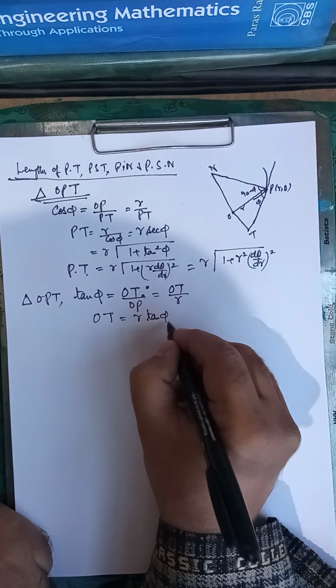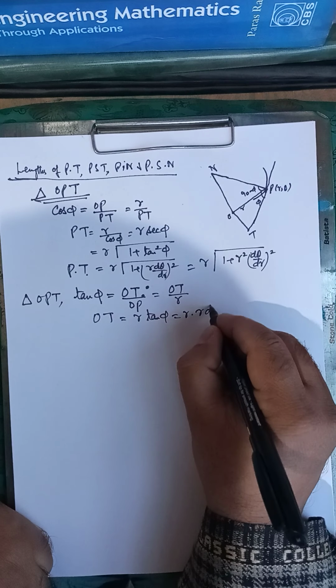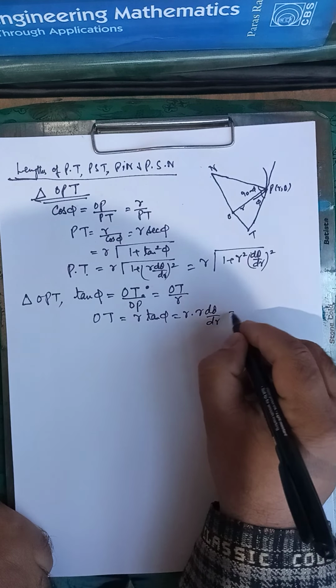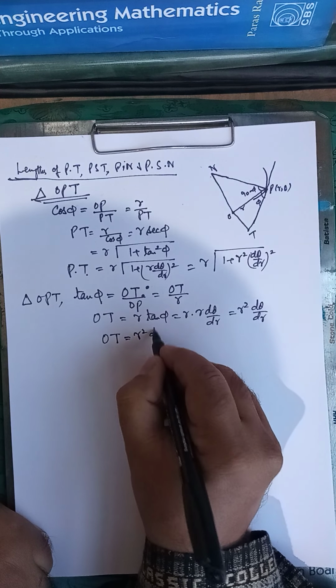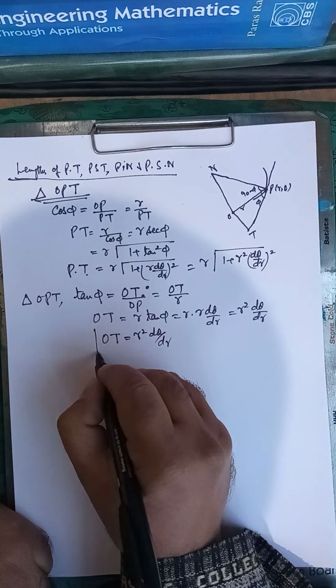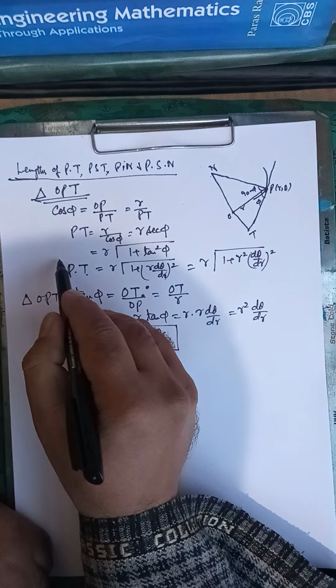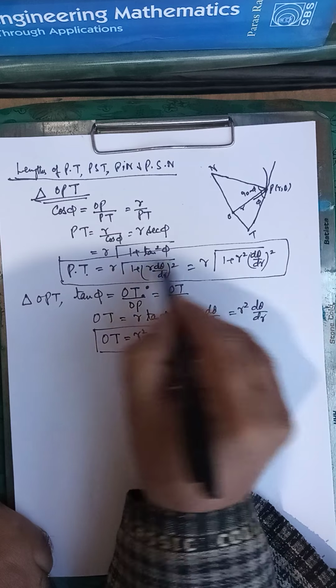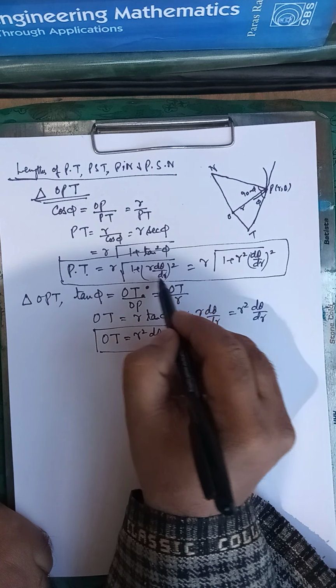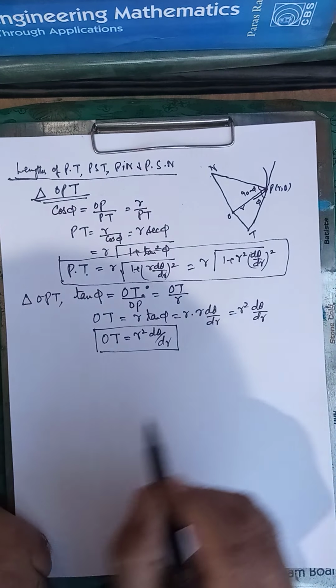But you know what tan phi is? It is r d theta by dr. So this is r square d theta by dr. So the length of the polar subtangent is r square d theta by dr. The length of the polar tangent is r times the square root of 1 plus (r d theta by dr) whole square, or this one.